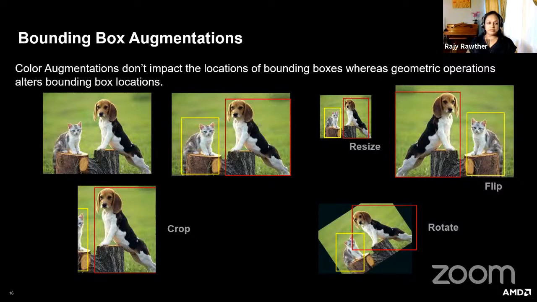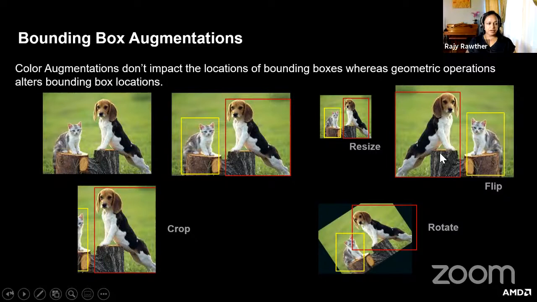Here, this is the original image, and the original image with the cat and dog bounding boxes. When you resize, you see that both the image and the bounding boxes get resized as well.